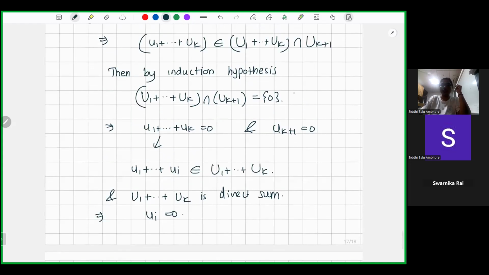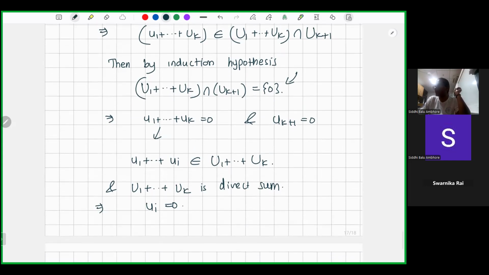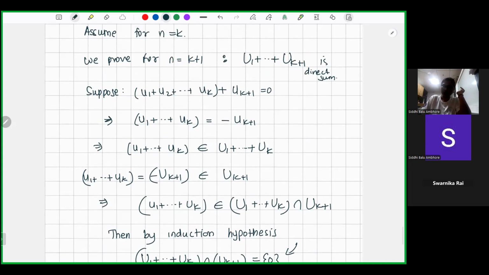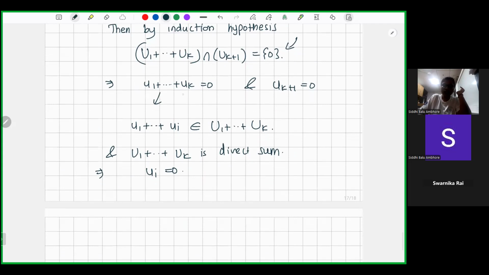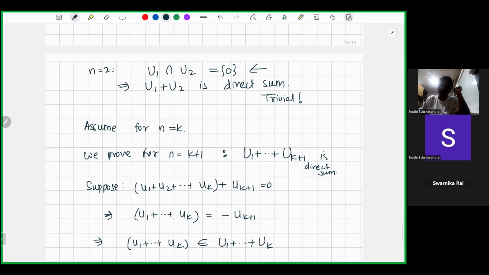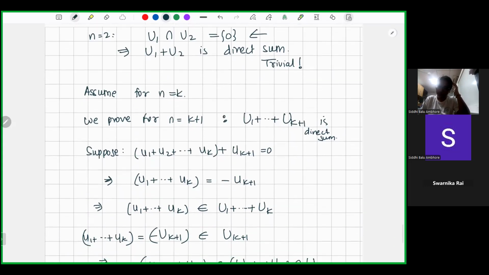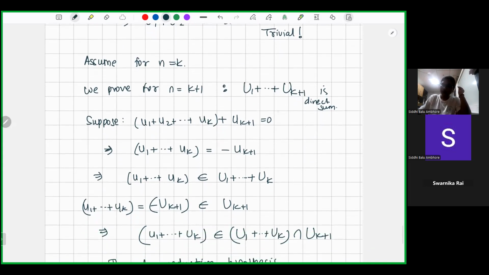From the induction step we got that the intersection is 0, and from there u1 plus ... plus uk becomes 0 and uk plus 1 becomes 0 using this equation. But we only have this summation as 0, and we want each ui to be 0. We need to prove that. I did not write that, so let me write that explicitly.